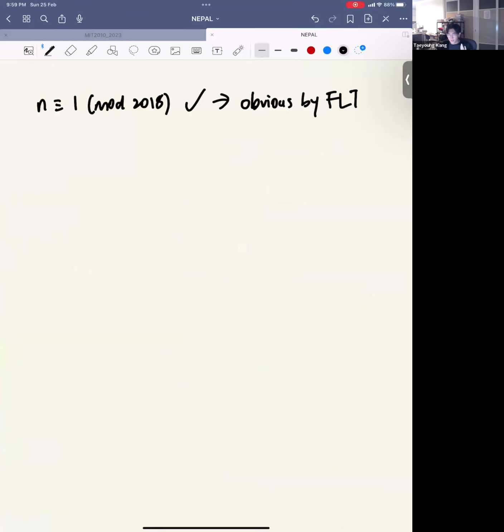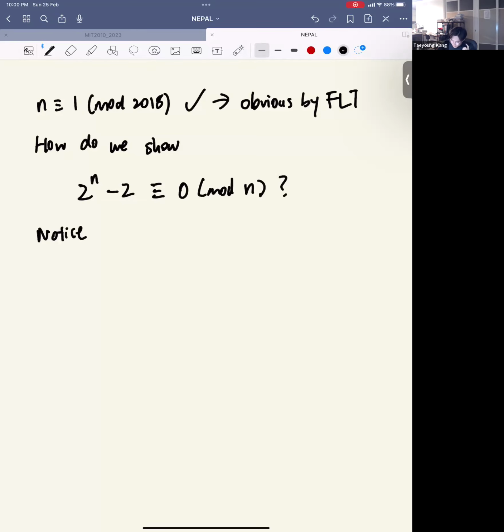So now the question is, how do we show 2 to the power of n minus 2 is congruent to 0 mod n, correct? Okay, so the way you do this is, firstly, notice (2 to the power of 2018 minus 1) over 3 is congruent to n mod n.